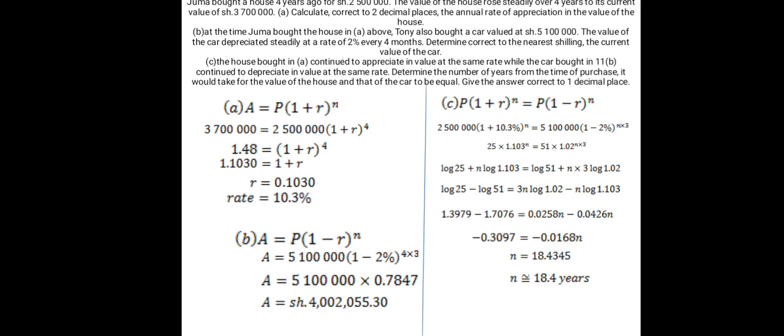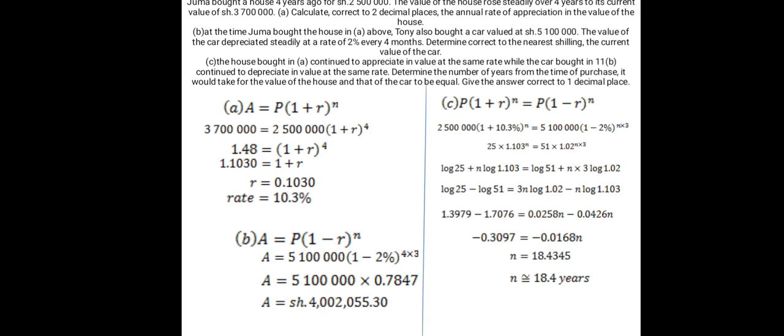Juma bought a house 4 years ago for 2.5 million shillings. The value of the house rose steadily over 4 years to its current value of 3.7 million shillings. A. Calculate, correct to two decimal places, the annual rate of appreciation in the value of the house.